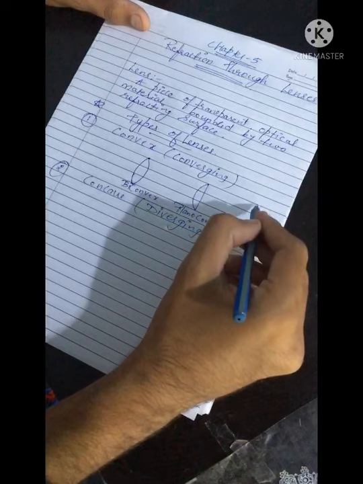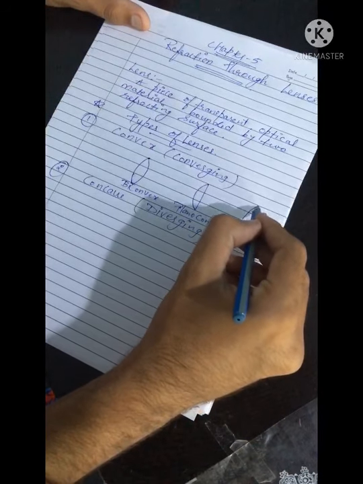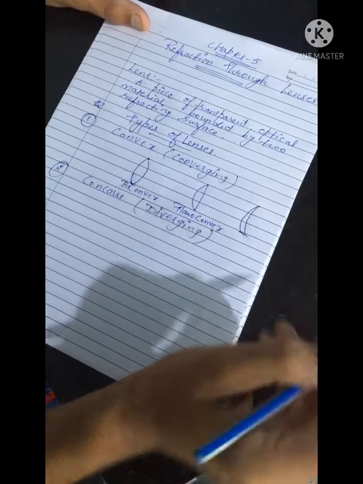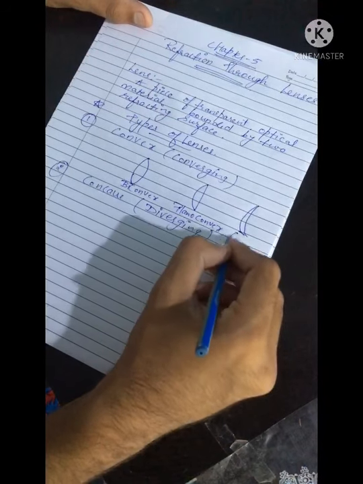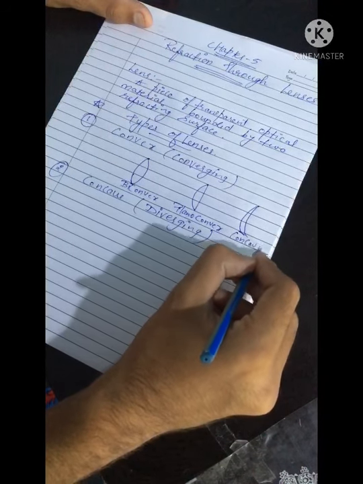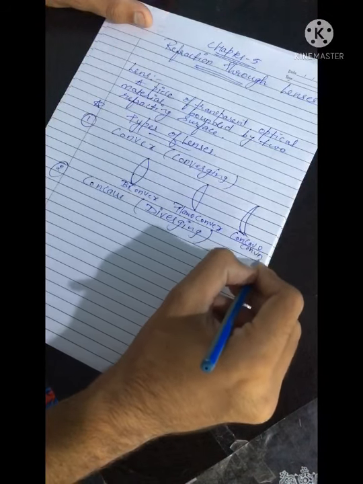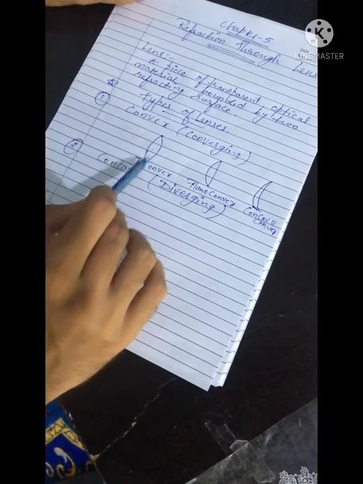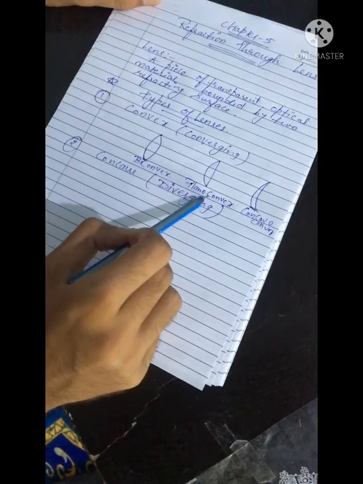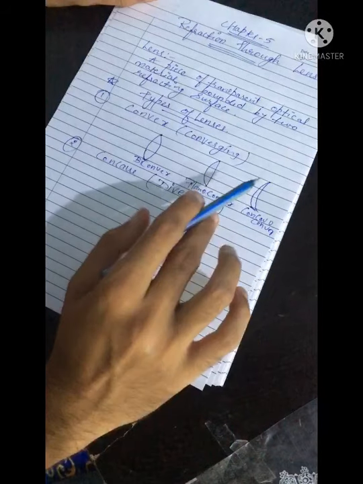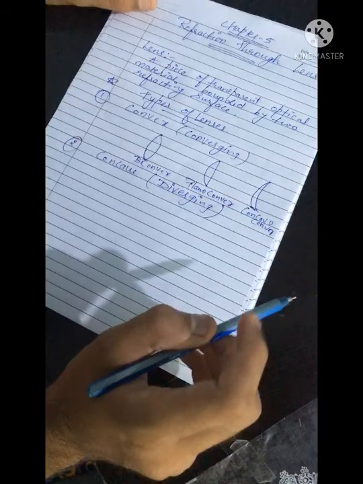And the very last one, when both surfaces curve inward like this, is called concavo-convex. In the convex lens, three types come: biconvex, plano-convex and concavo-convex. All these lenses you will see in the physics lab.